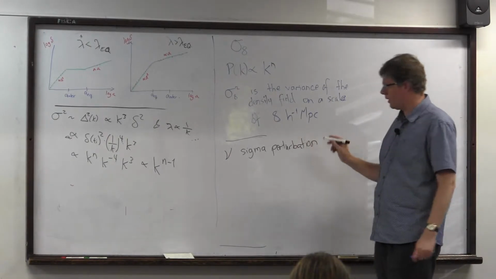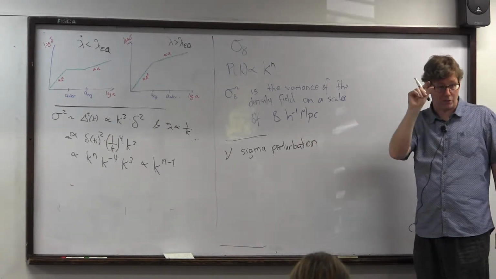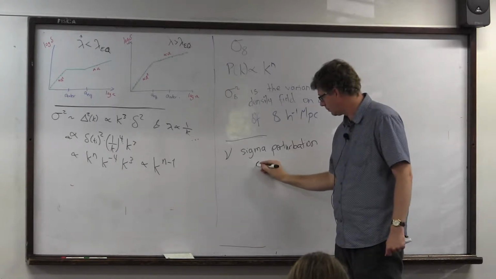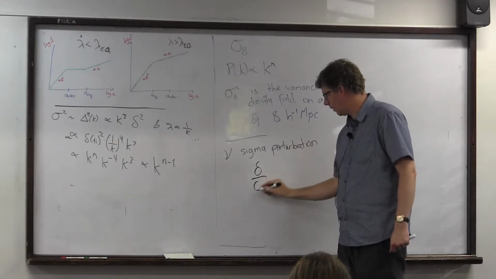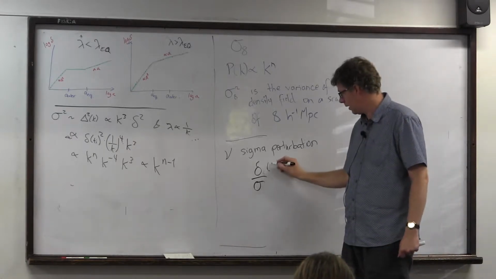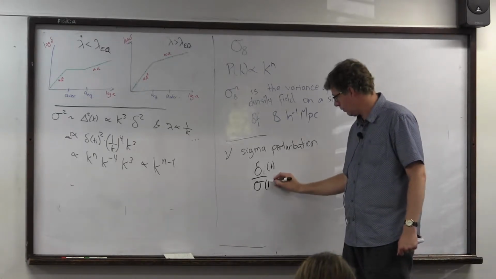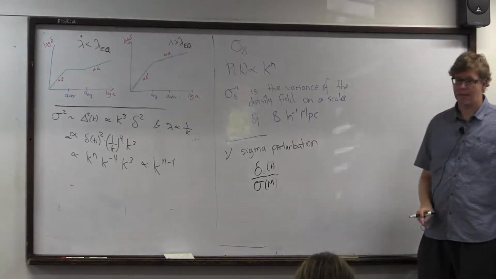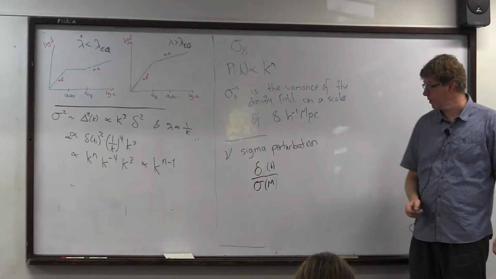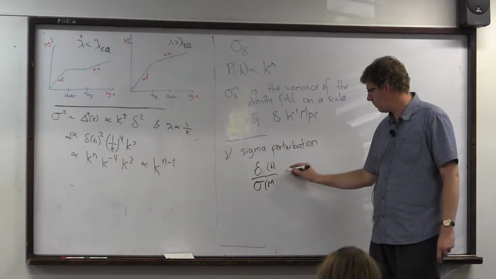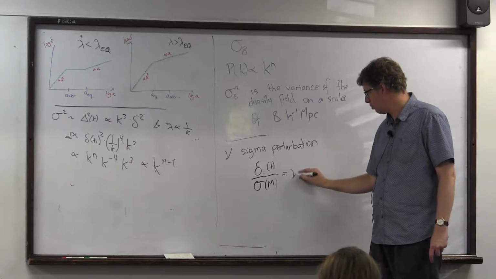You remember in many of these exponentials we have this expression delta over sigma, right? It's delta c of time usually. This is usually a function of mass. And so when I say a 1 sigma perturbation, I mean when this is equal to 1. When it's a nu sigma perturbation, this is equal to nu.